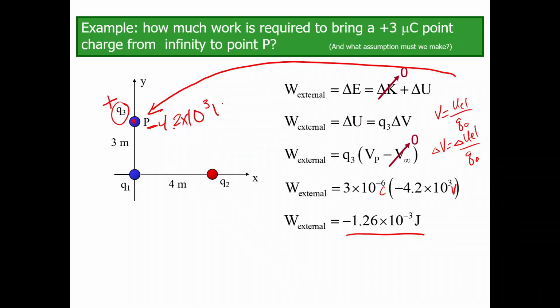So what that means is essentially the negative charge is more strongly influencing the space than the positive charge. So that positive charge actually is attracted to point P because of that electric field. And that electric field is going to be drawing in that positive charge at that point.